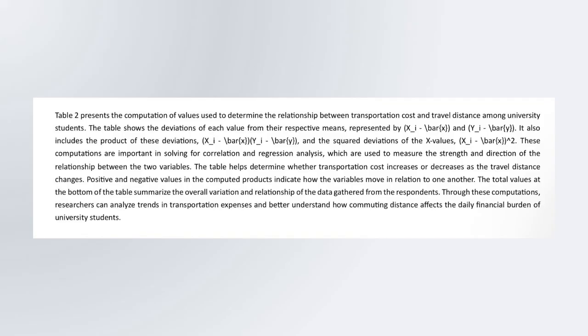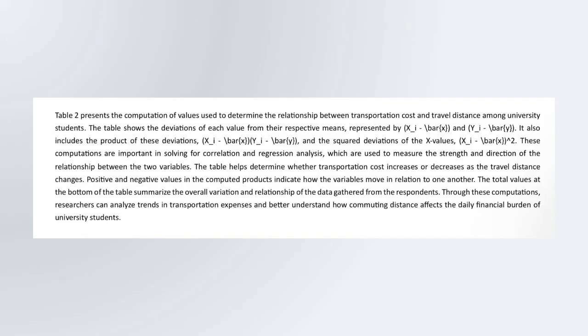It also includes the product of these deviations, xi minus x bar times yi minus y bar, and the squared deviations of the x values, xi minus x bar squared. These computations are important in solving for correlation and regression analysis, which are used to measure the strength and direction of the relationship between two variables.